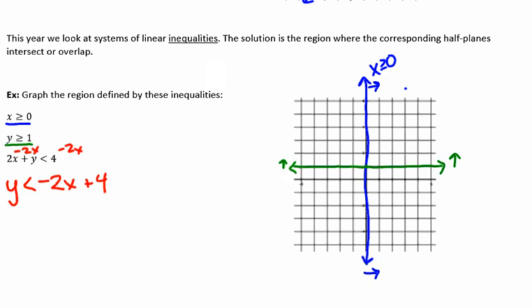So y-intercept of 4. I'm going to go down 2 over 1. There's my line. I need to decide, am I going to have a solid line or a dotted line? And it'll be dotted because our inequality does not have an equal sign. So a dotted line connecting those points.